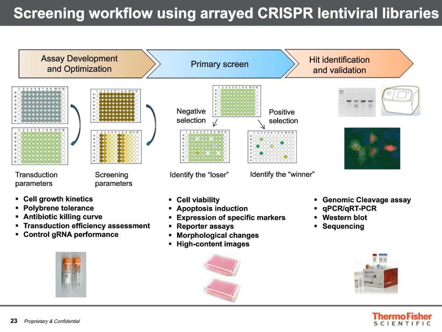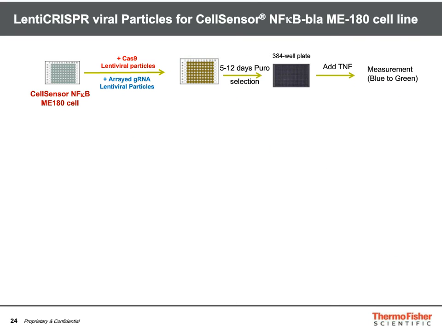One experiment that we did to start using this system to see how well it performed was looking at a cell sensor cell line. This is a cell line that has an engineered NF-kappa B promoter that will express the beta-lactamase gene, and this is an ME180 cell line.